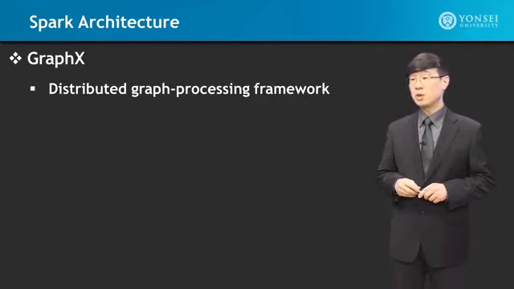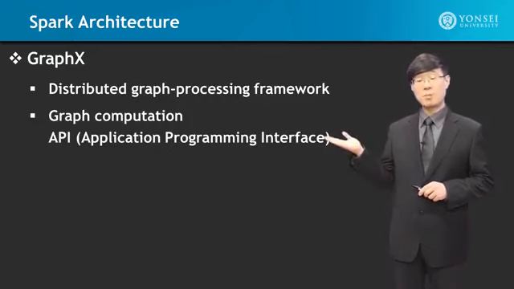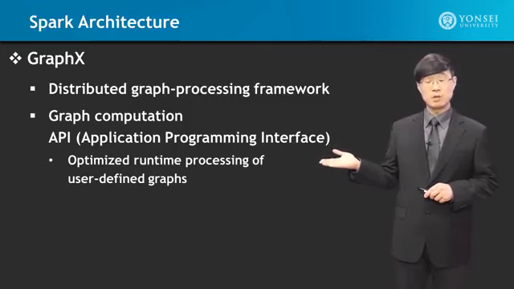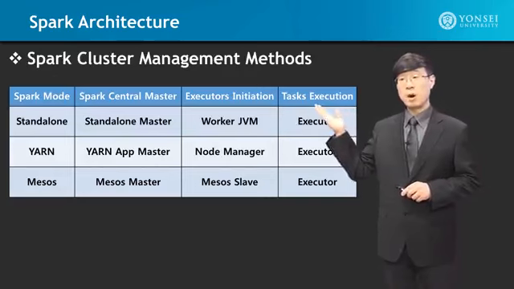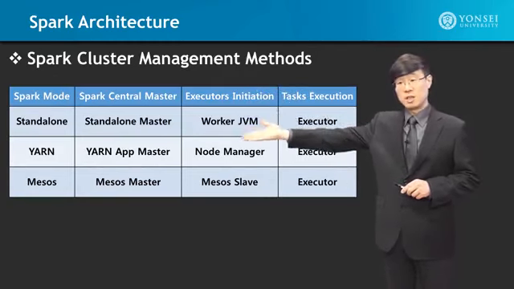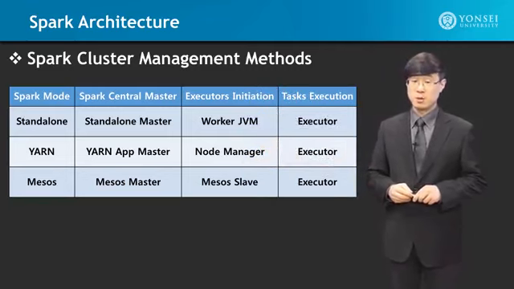GraphX is a distributed graph processing framework. Spark uses the Graph Computation API of GraphX. It provides optimized runtime processing of user-defined graphs. There are also the Spark cluster management methods, which include standalone, Yarn, and Mesos. And we'll look into the details of these soon.